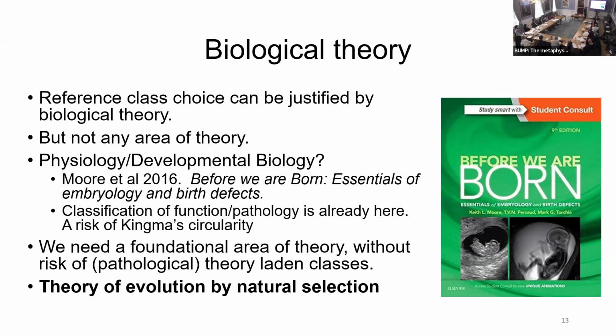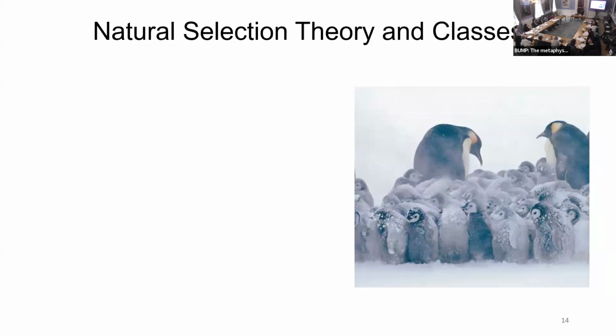So at this point in biological theory, we've already got the pathological thinking going into our talk and into our building of classifications into the world. So at that point, there is a risk of that circularity problem that Kingma points to, I think. I think we need to look to a foundational area of biological theory that doesn't have the risk of these kinds of theory-laden classes, and that's the theory of evolution by natural selection.